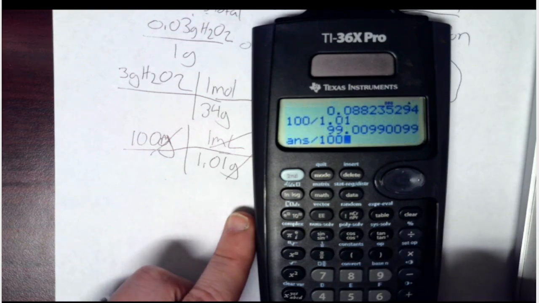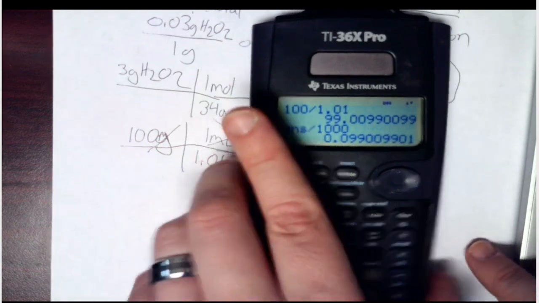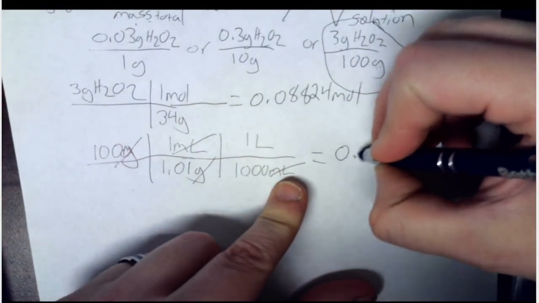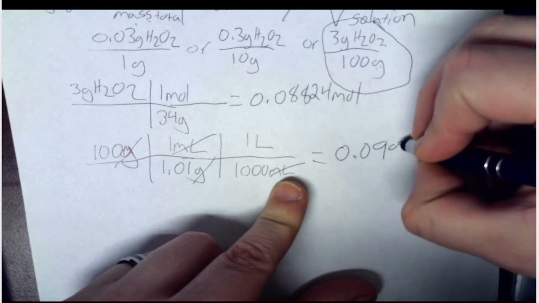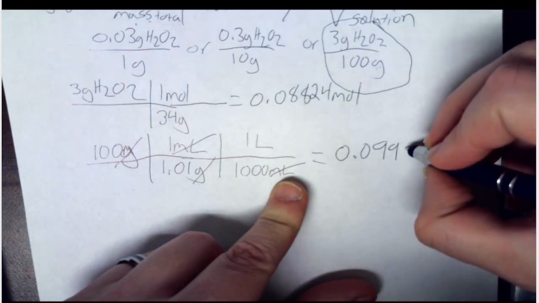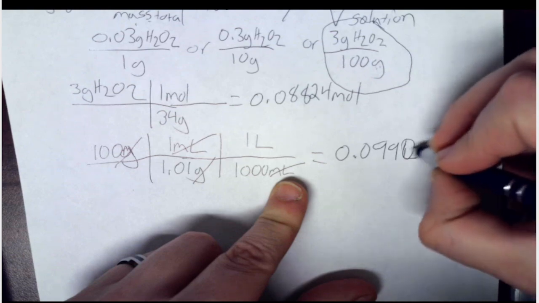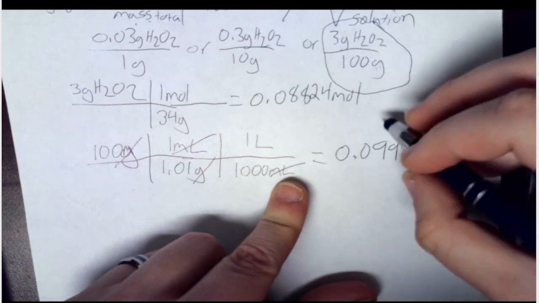99 mils divided by 1,000 gives me 0.099 liters. It was 99.01 liters.